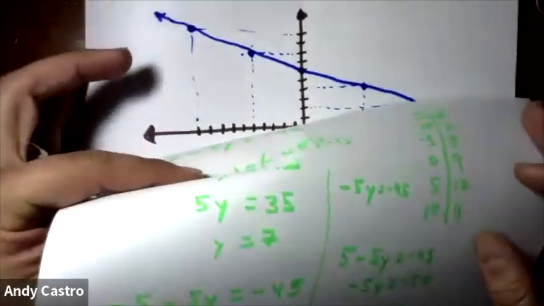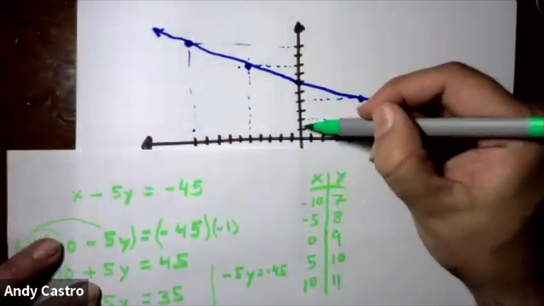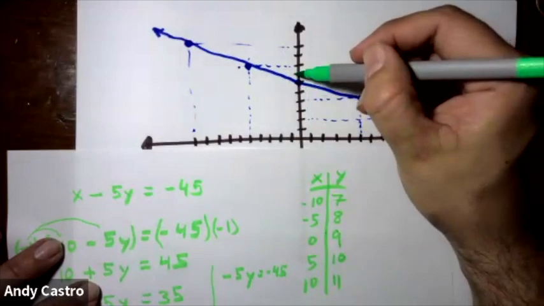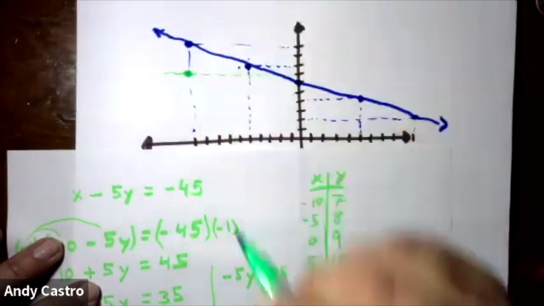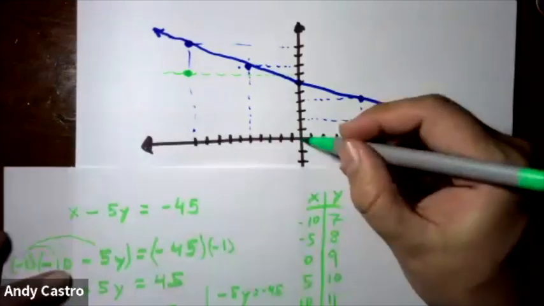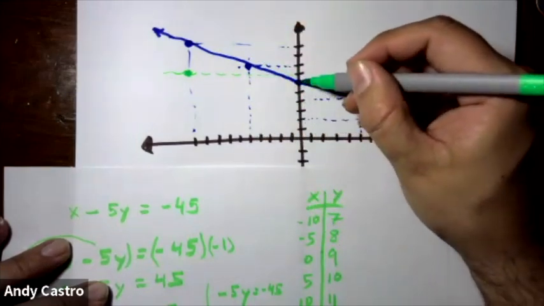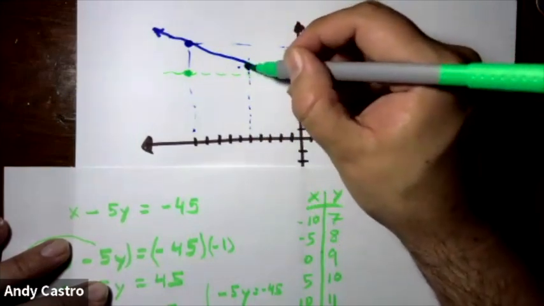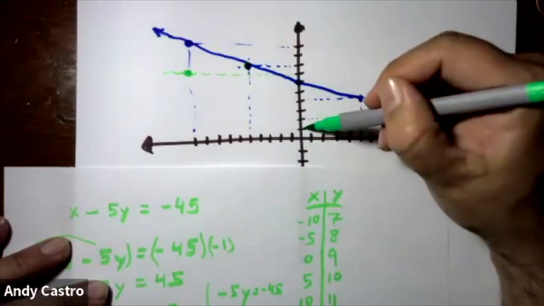Negative 10, positive 7: 1, 2, 3, 4, 5, 6, 7. So that's right there. Negative 5, 8. So negative 1, 2, 3, 4, 5, then 1, 2, 3, 4, 5, 6, 7, 8 up. We just found where they crossed. It's going to be that negative 5, 8. Then 0, 9.